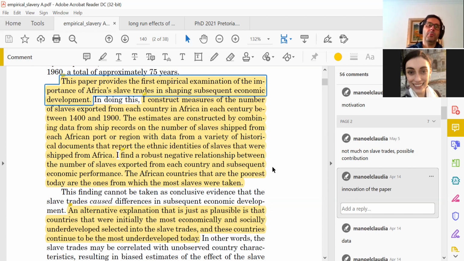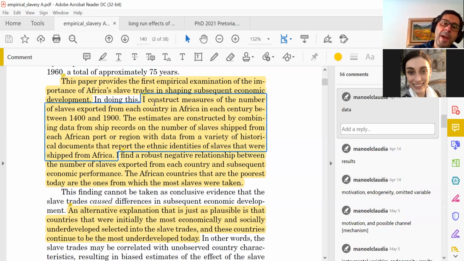That's what he's going to do. And then he's going to use that historical variable, because there are no slave trades anymore, right? He's going to regress that historical variable against contemporaneous GDP. I think he regresses on GDP in the year 2000. We are going to see in a few moments.